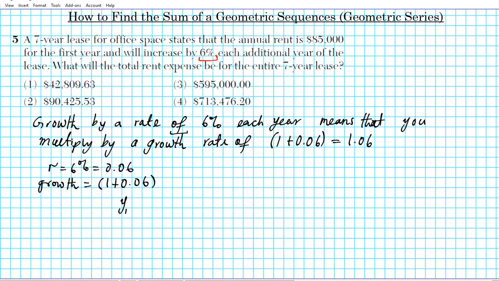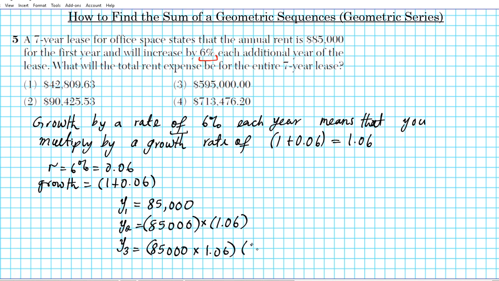So in year 1, it was 85,000. In year 2, it's going to be 85,000 multiplied by the factor 1.06. In year 3, it's going to be 85,000 multiplied by 1.06 multiplied by 1.06 again.